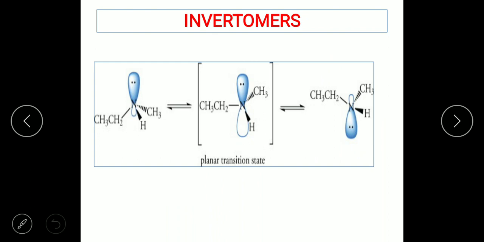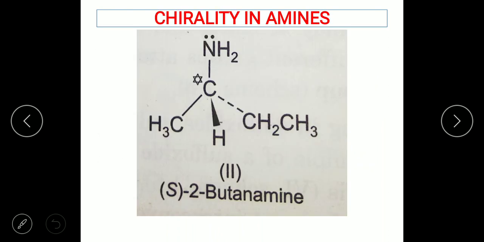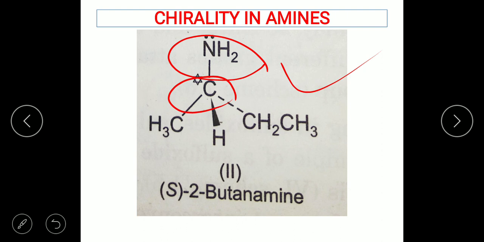Now next let us learn about the nitrogen which forms a quaternary salt and also other types of groups. So in this example, there is an example of butanamine. Here we see the chirality, so this is an amine, right, because it has an amine group, but the chirality is possessed by the stereogenic carbon. So though this is butanamine, the chirality in this structure is obtained by the stereogenic carbon, and here we see the S form.